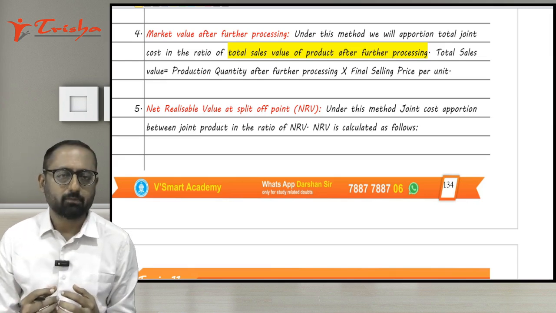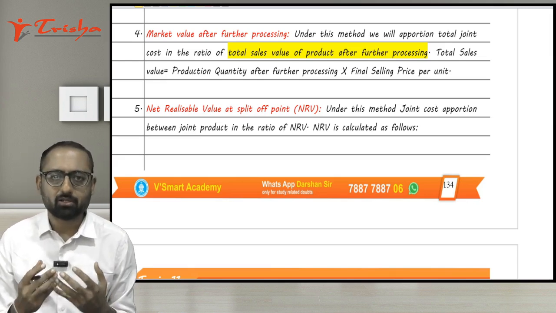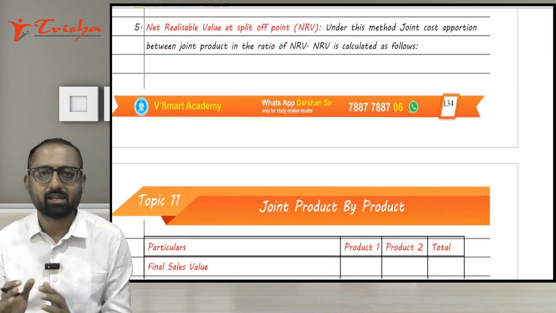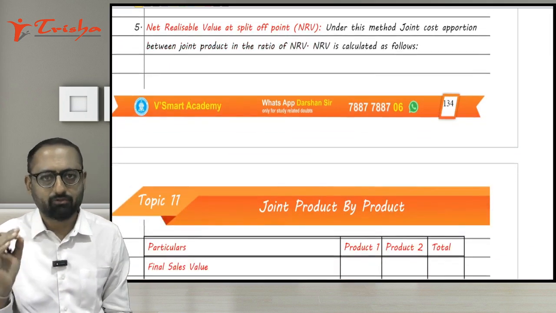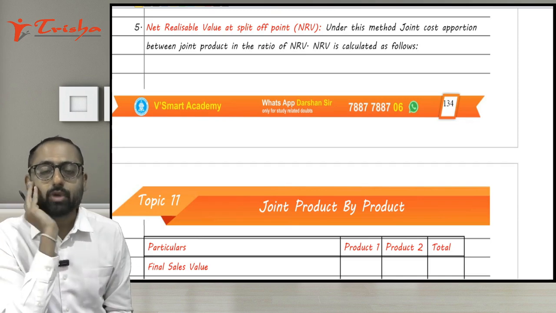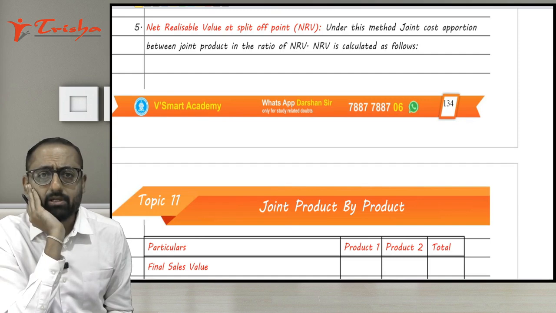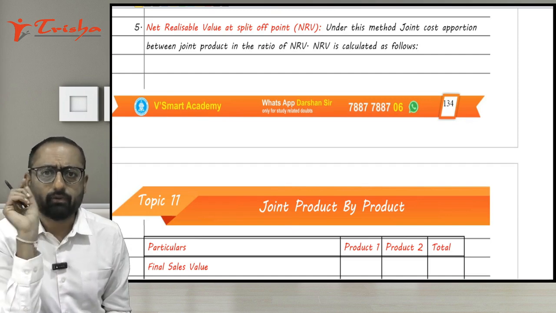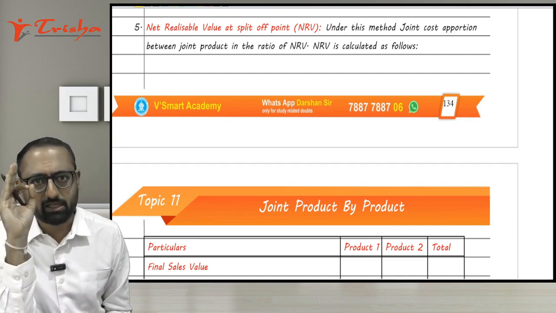Fifth and very important method, which you are going to use in various examples, is the net realizable value method. NRV method is its short form, and the short form is also allowed in the examination. Under this method, joint cost will be allocated to various products on the basis of NRV, net realizable value.